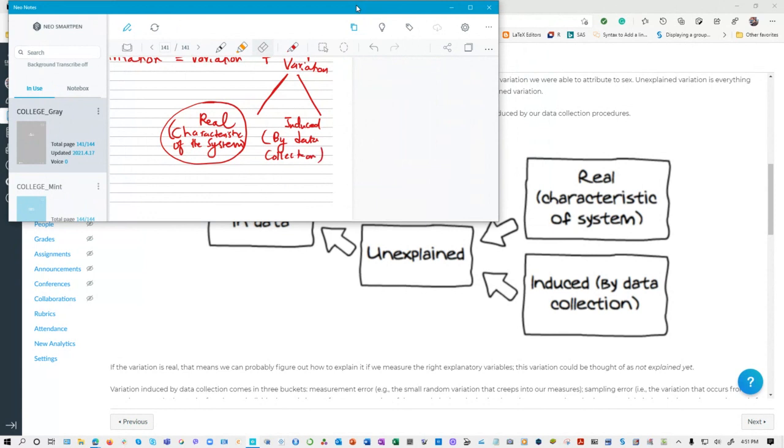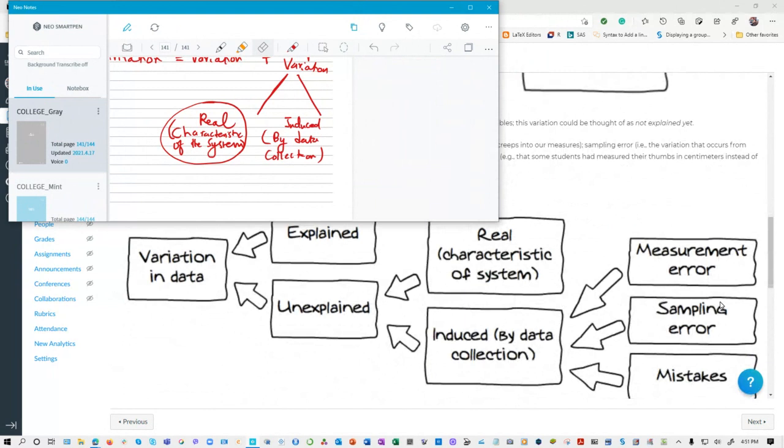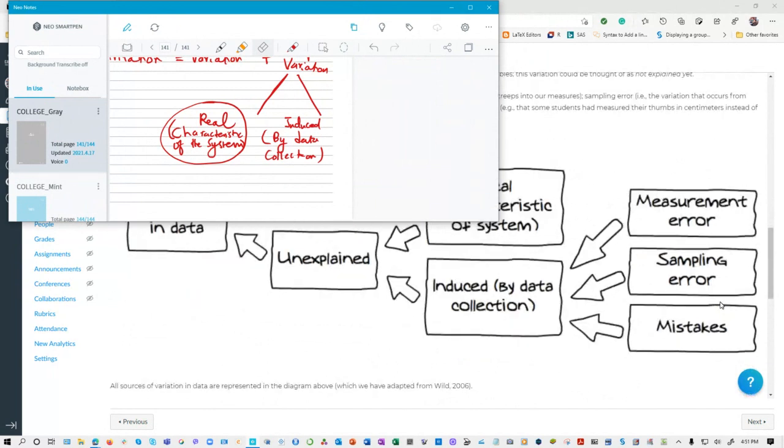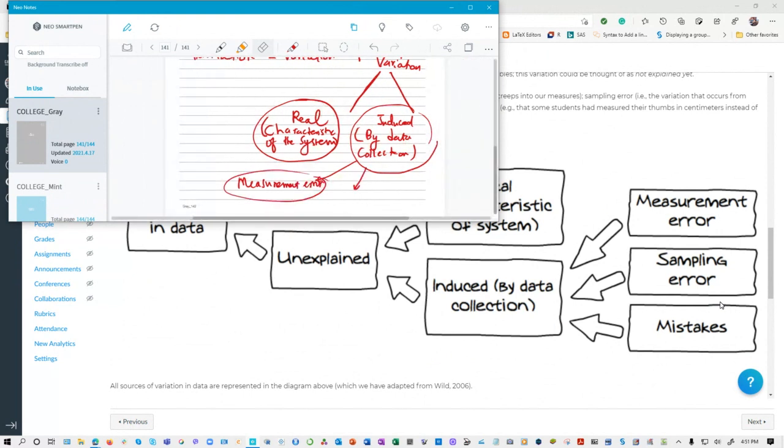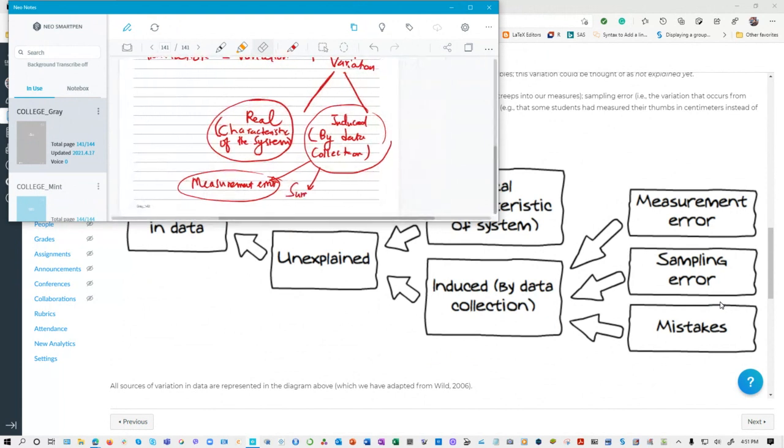Again, when it comes to the induced by data collection, it can be due to several things. This came through what? Measurement error. You're going to measure that one, some errors. The other one, sampling error.